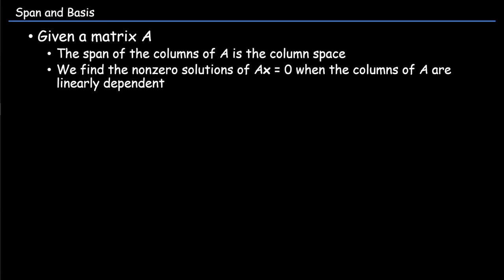That's basically saying that we can find every non-zero solution of Ax equal to 0, so basically the kernel, when the columns in A are linearly dependent. That means you can write them as a linear combination of another set of vectors.